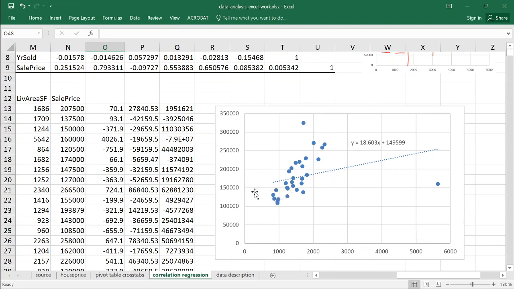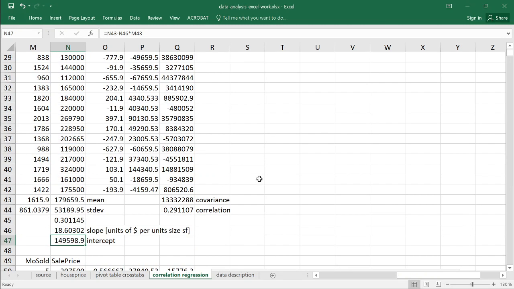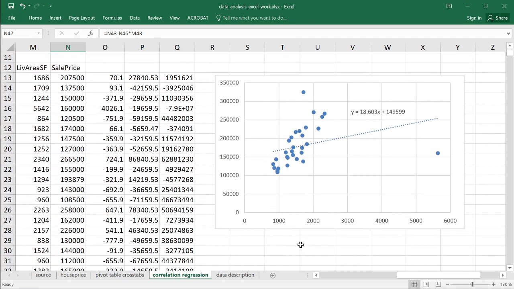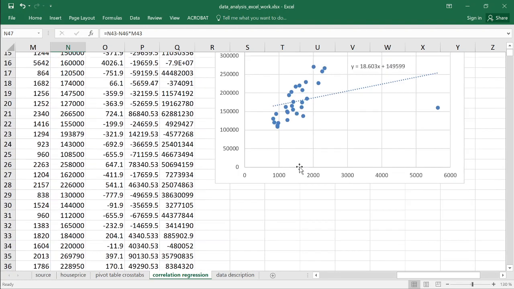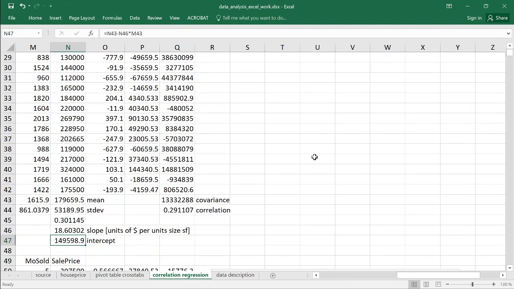A more meaningful way of interpreting that number would be we use this intercept to make sure that if we consider a house which has average size, like 1600 in this case, we would expect that that regression line should give us a house with an average price, which is about 180 here.